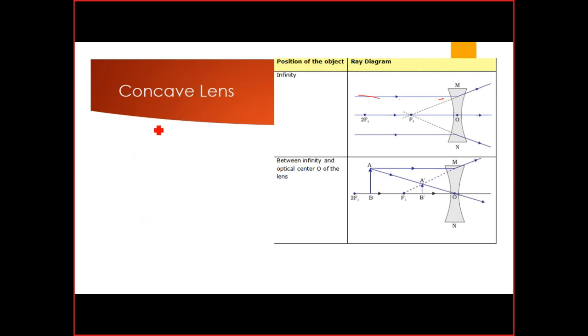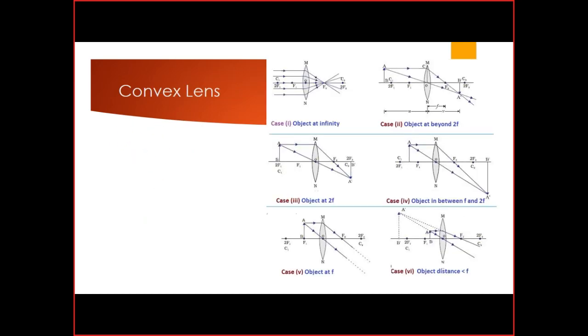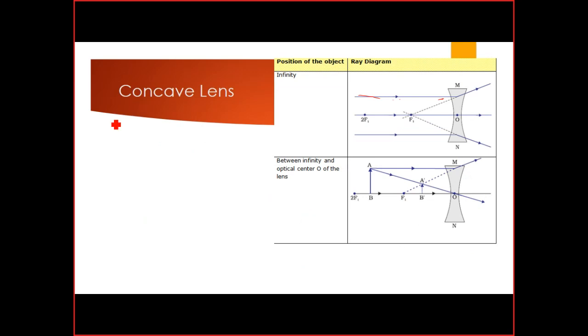The convex lens just now is a converging lens, while the concave lens is a diverging lens. So all light passing through this lens is going to diverge out.